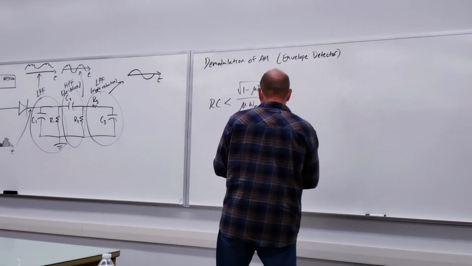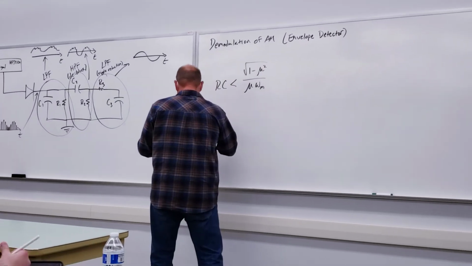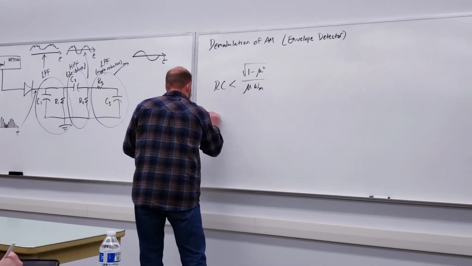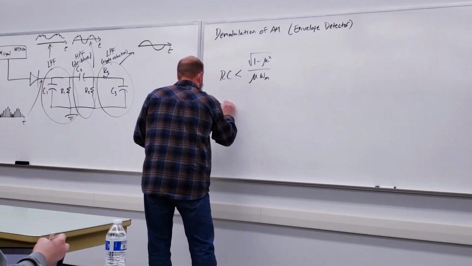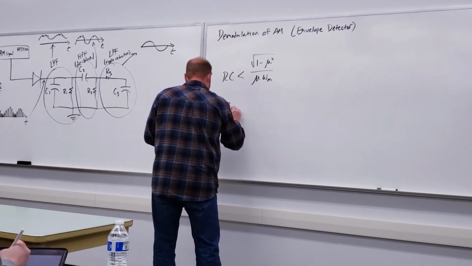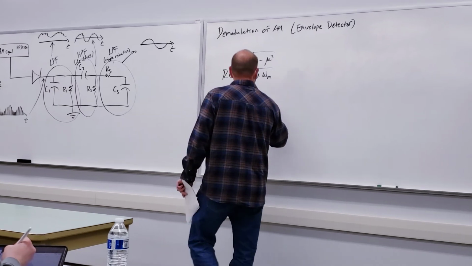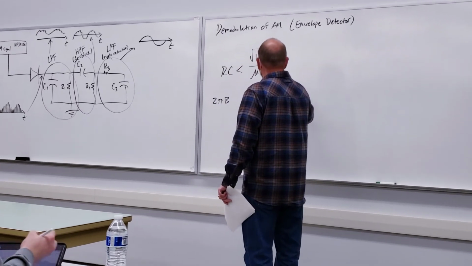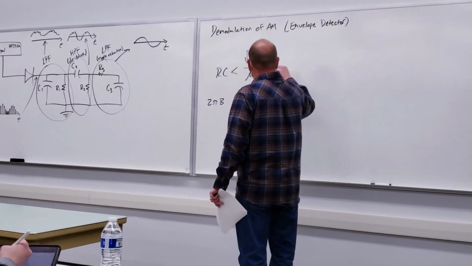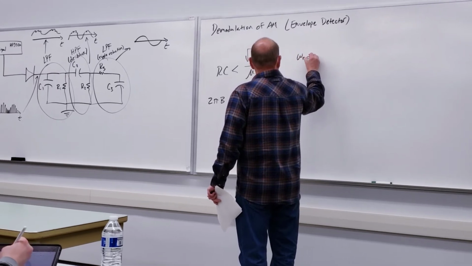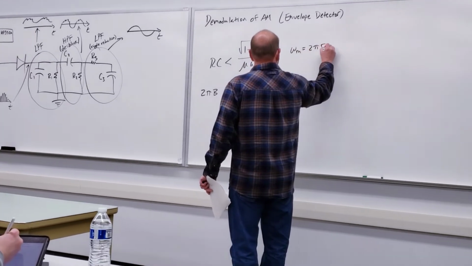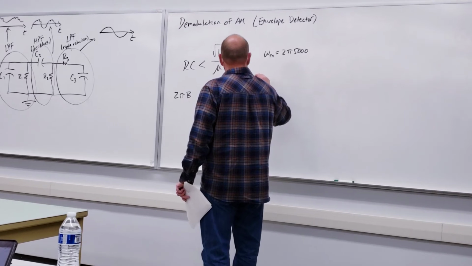Another equation that's given out: 2 pi times the bandwidth of the message. For our problem, omega sub m is 2 pi times 5 kilohertz, so 2 pi times 5,000.